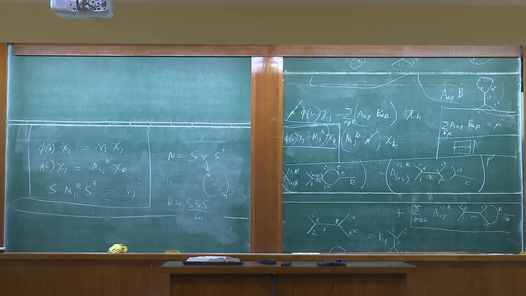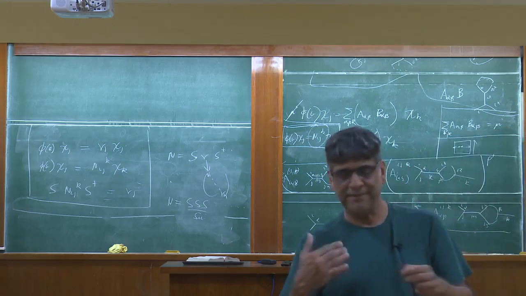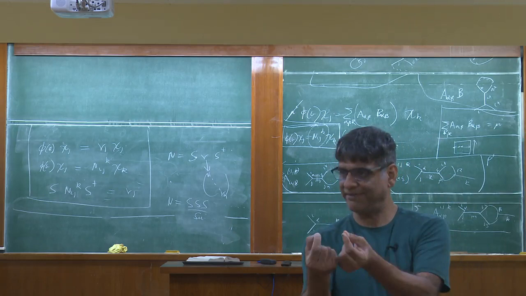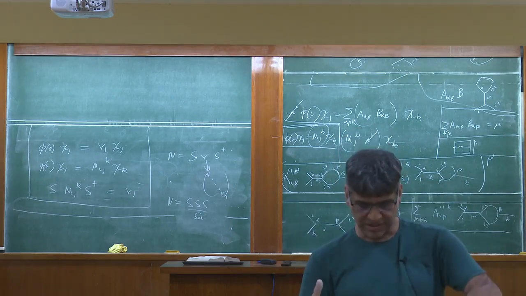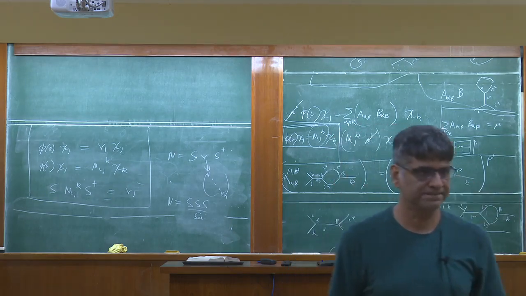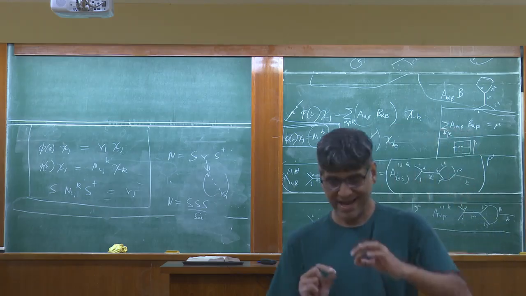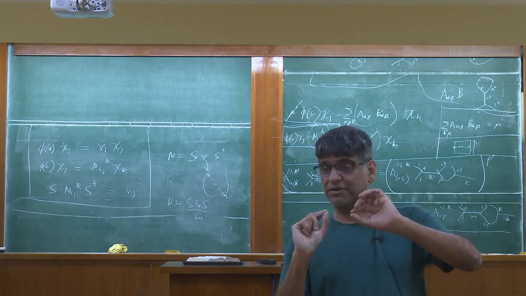Now, let's look at what state is running at any other time, other than where you put this thing. That is clearly the state in chi j. So this object receives contributions only from chi j's.